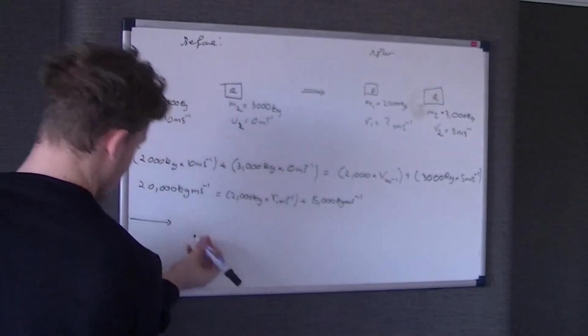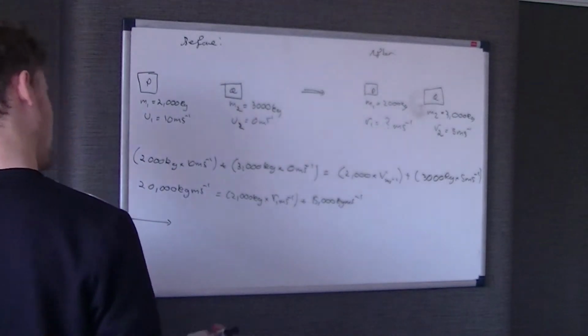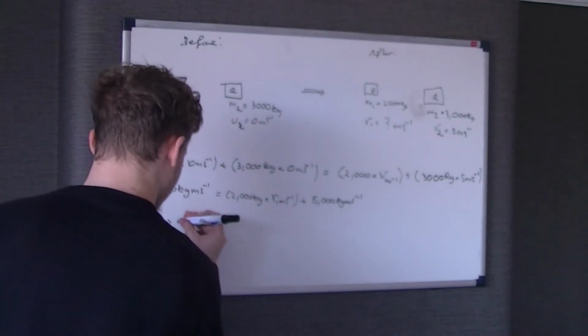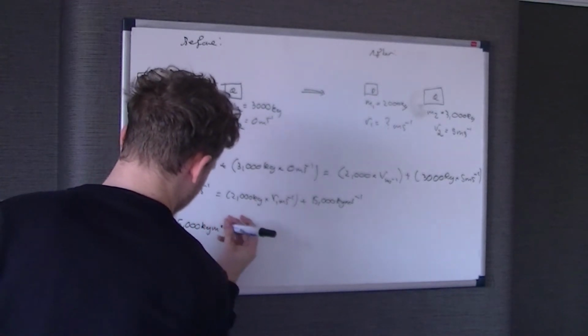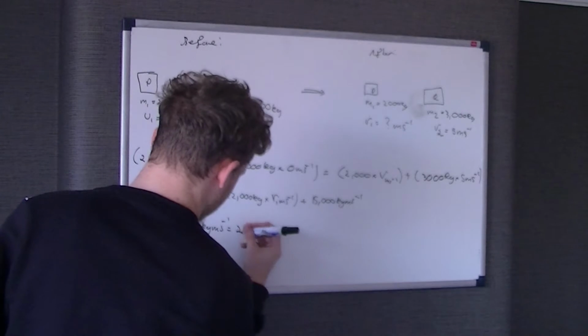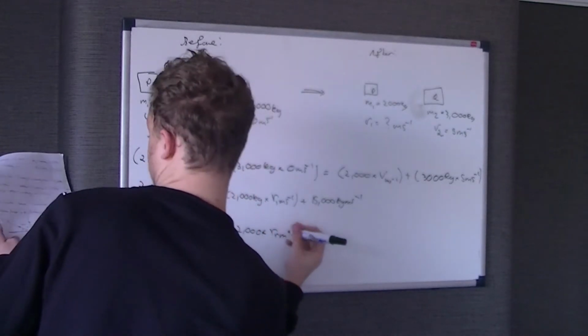Okay, so what you do then is you would move 15,000 over, so 5,000 kilogram meters per second is equal to 2,000 kilograms times v meters per second.